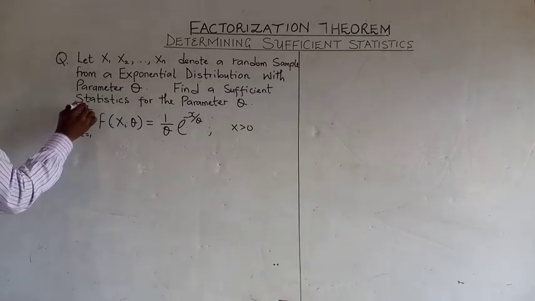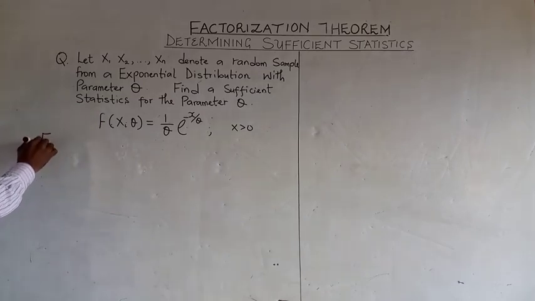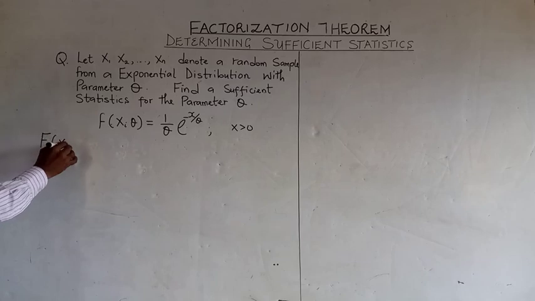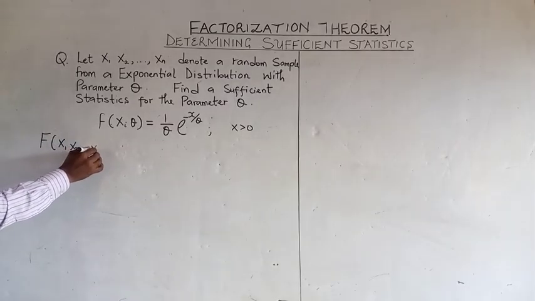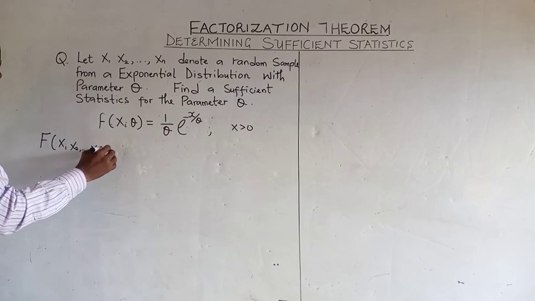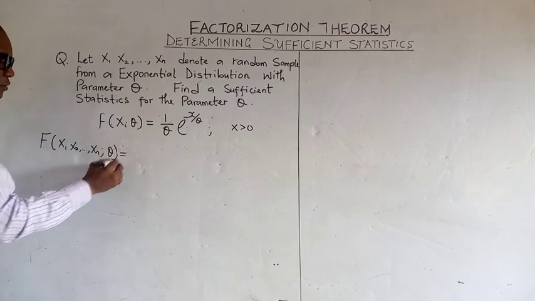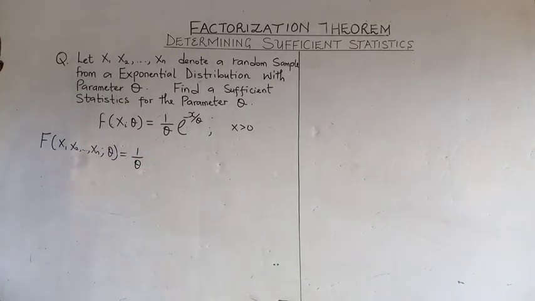So when taking this, we get something like this: f(x1, x2, to xn). The parameter is theta, which will be equal to 1 all over theta.